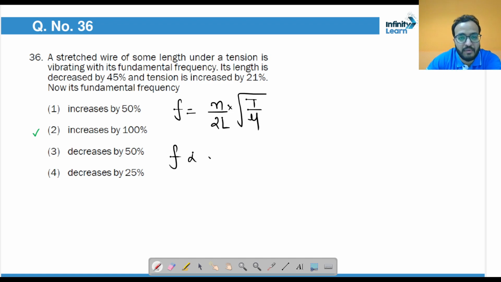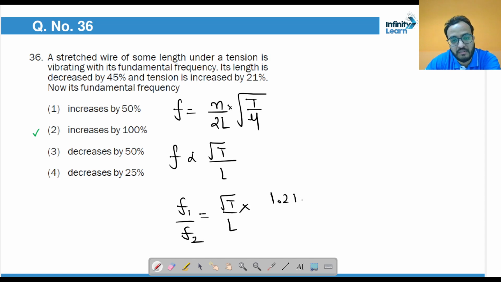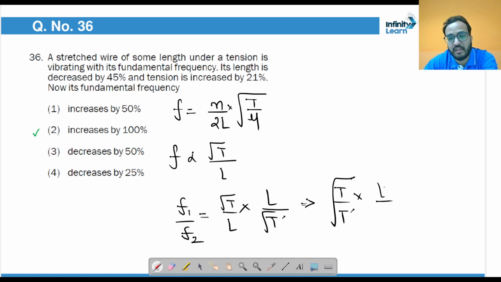So f is directly proportional to root T and inversely to L. Okay, so like this, we can say F1 upon F2 will be root over T by L into the new tension, which is 1.21 T. So we can say root of T by T dash into L dash by L. So it is 1 upon root over 1.21 into L dash, which will be what? Decreased by 45%, so 0.55 L1.